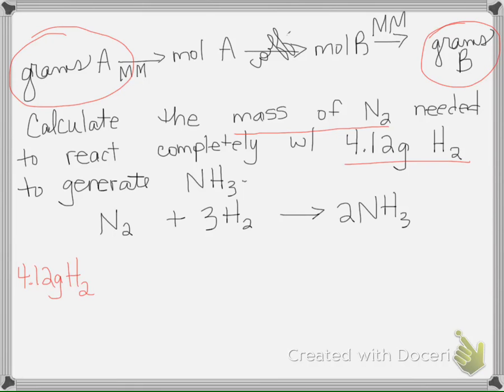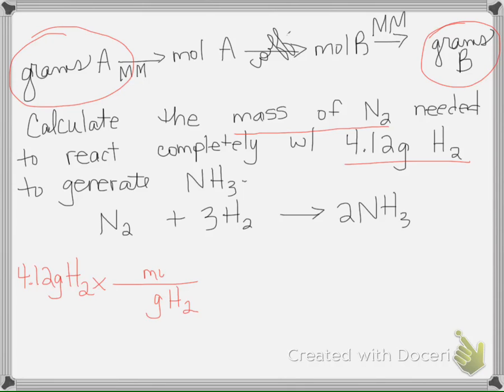What's the first step? Grams to moles. Grams to moles for the hydrogen. Set that up. What units go on bottom? Grams of hydrogen. What units go on the top?